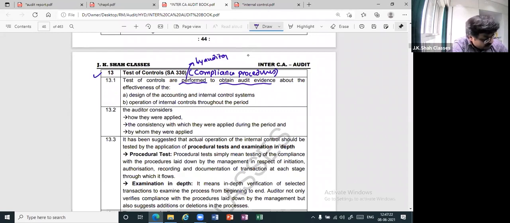About what? About effectiveness of the design of accounting and internal control systems. Thereafter, operation of internal controls only. Thereafter, the auditor considers how they were applied, whether they are consistent or not, and by whom they were applied.